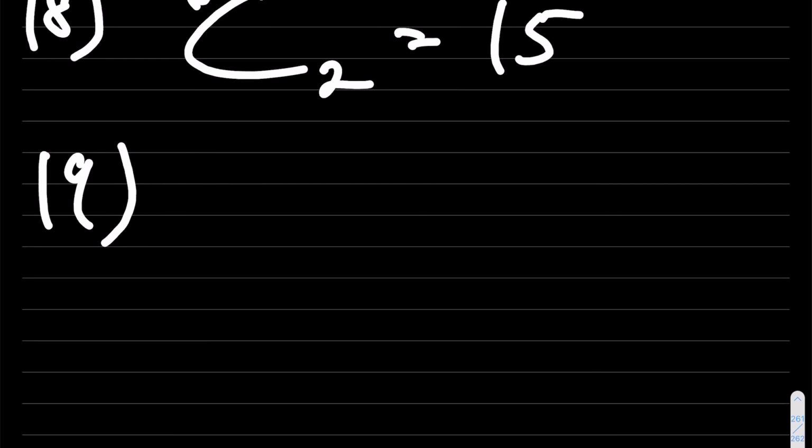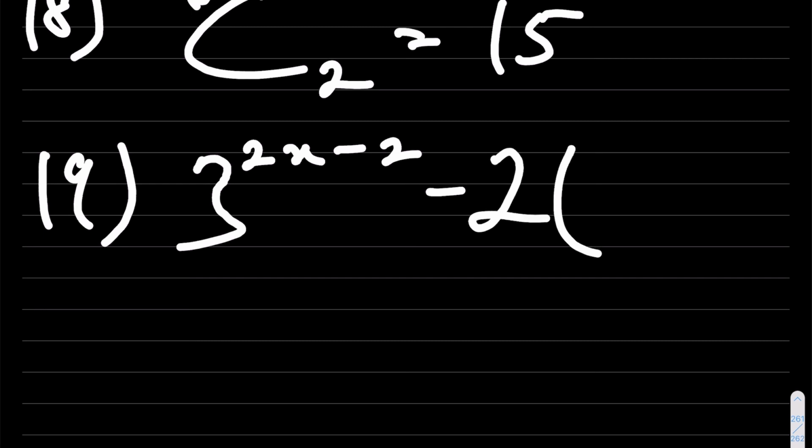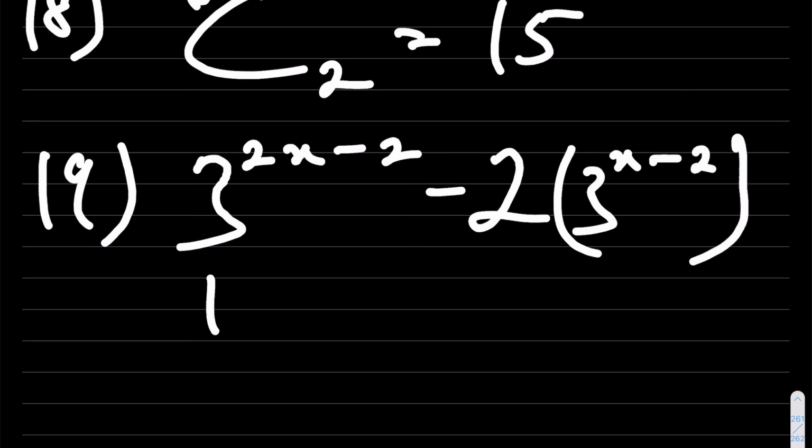Now number 19 says solve 3 raised to the power 2x minus 2 minus 2 into bracket 3 raised to the power x minus 2 plus 3 equals 0.